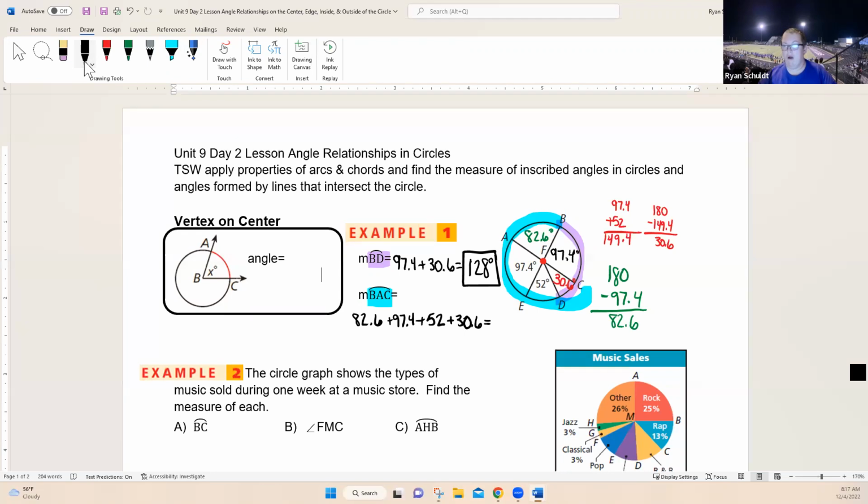If I add up all of those, it would get me 262.6 degrees.